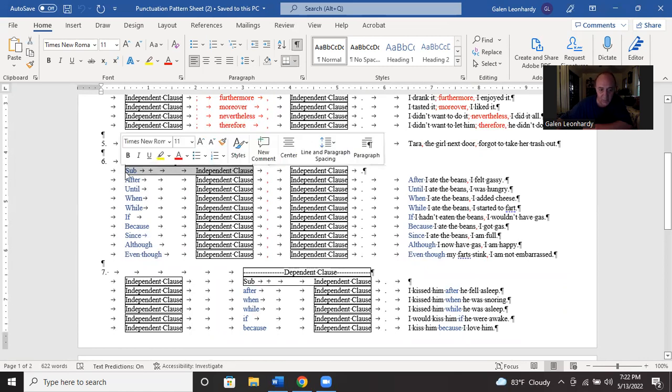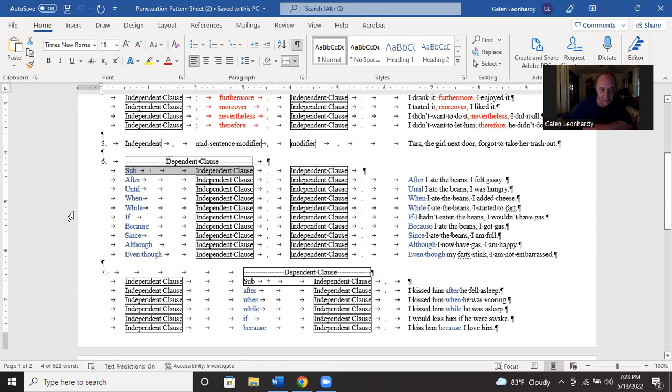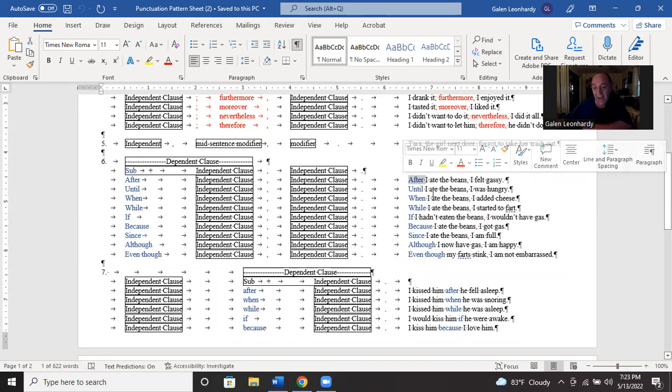It's just that this is saying what a dependent clause is composed of. So if we, as we discovered earlier, take "I ate the beans" and "I felt gassy," and we want to hook them together in a way that has a subordinate idea, then we can put a subordinating conjunction in front of it, and we can hook them together.